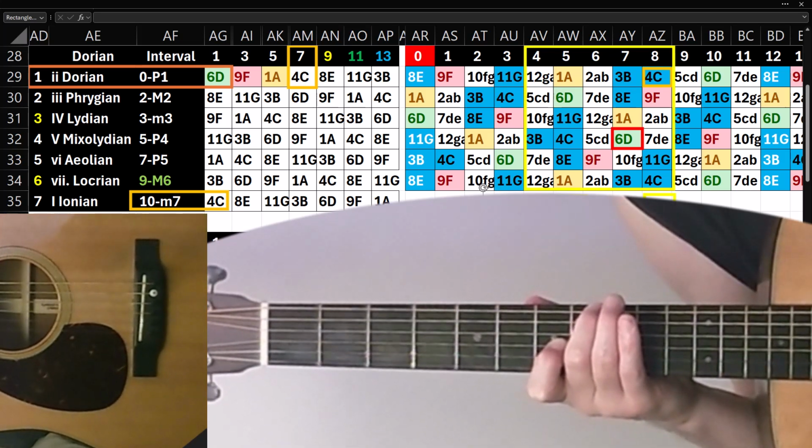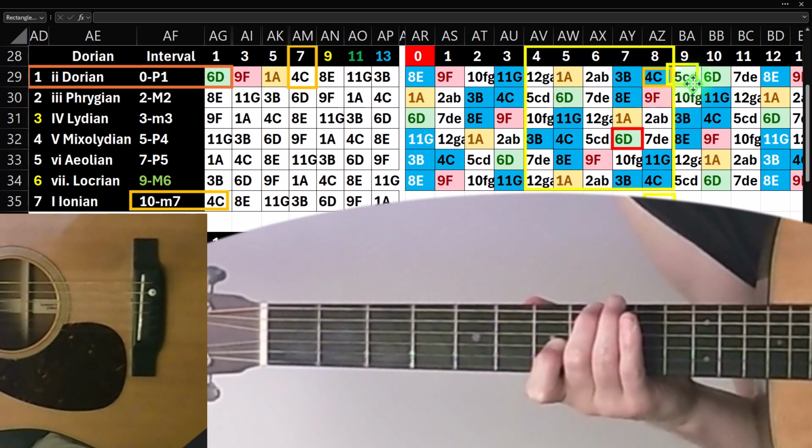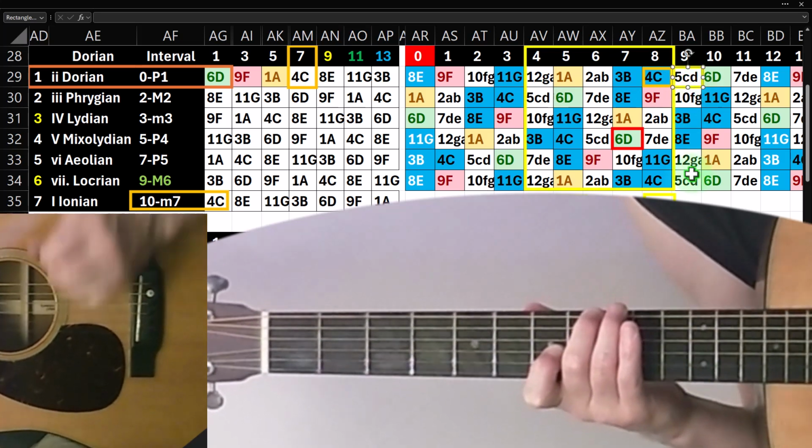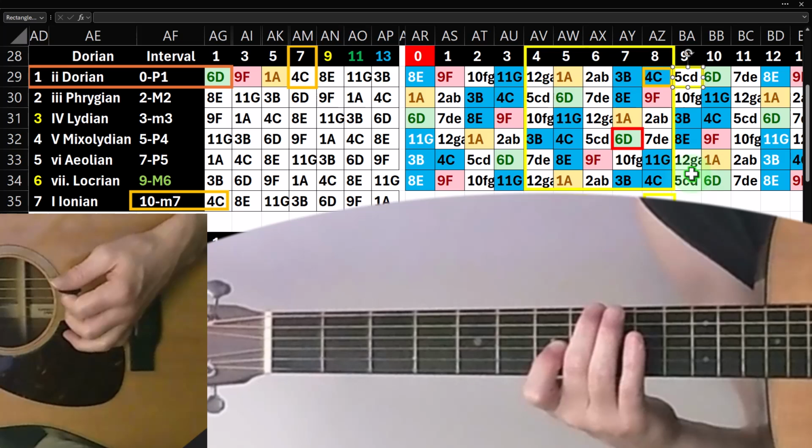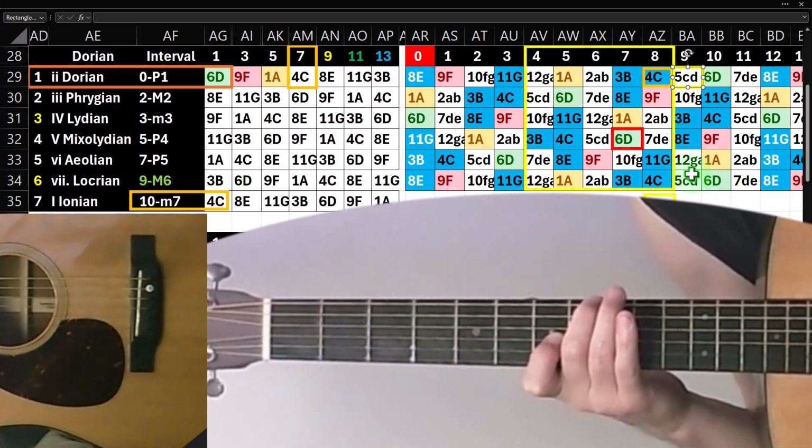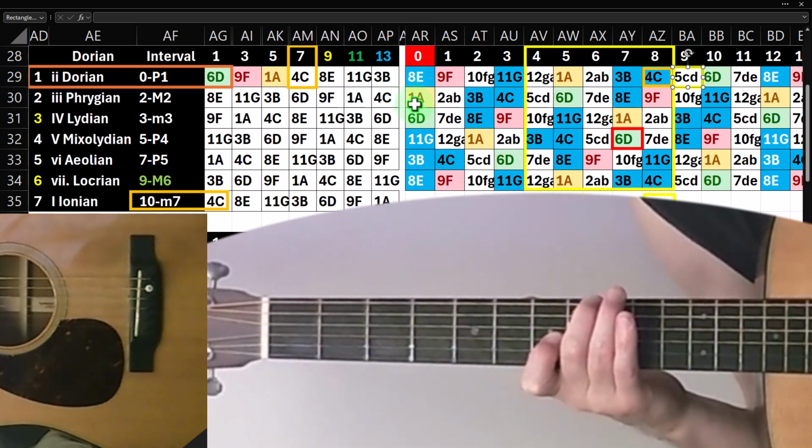So where's the major 7? It's going to be right next to it. So it's going to be right there. If I play, I can try to play these open notes, the A and the D are still there.